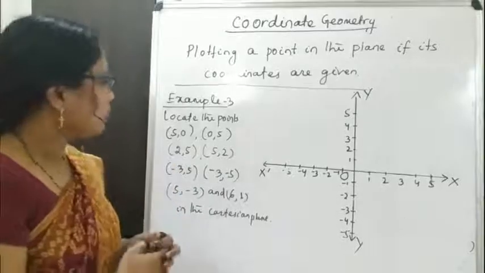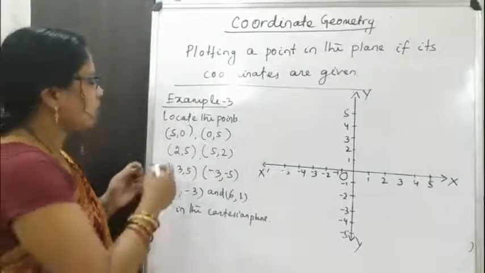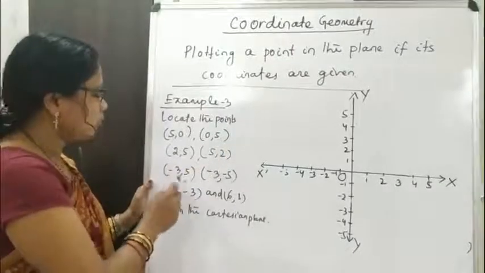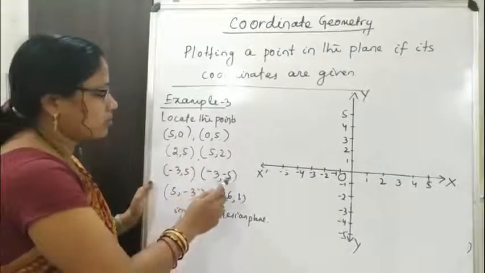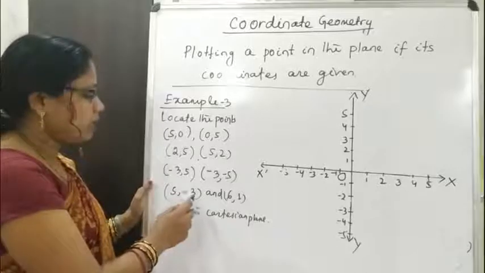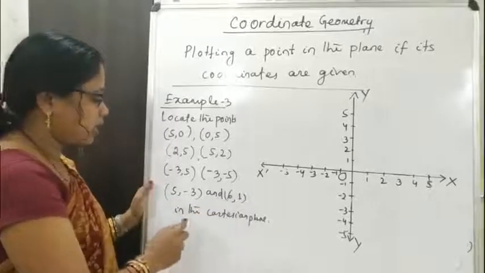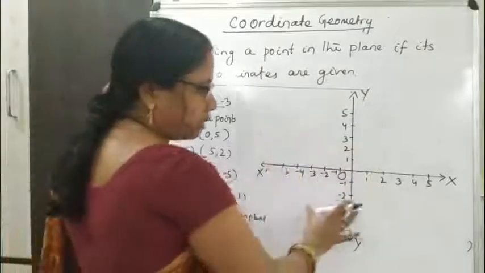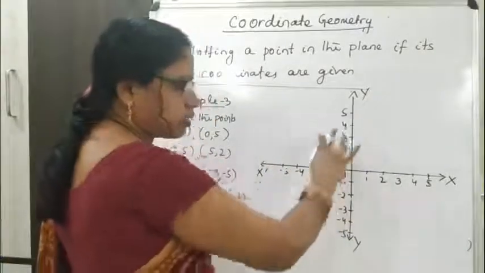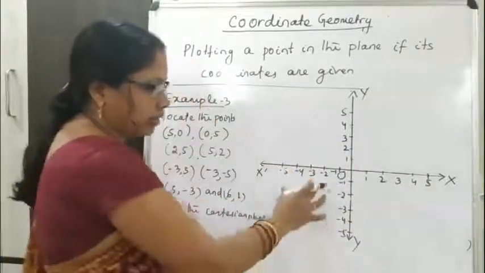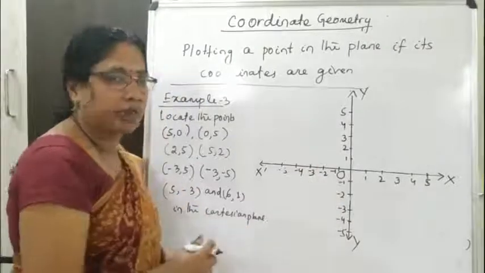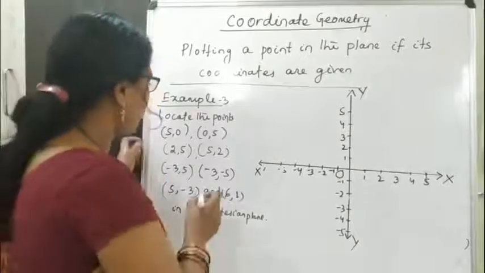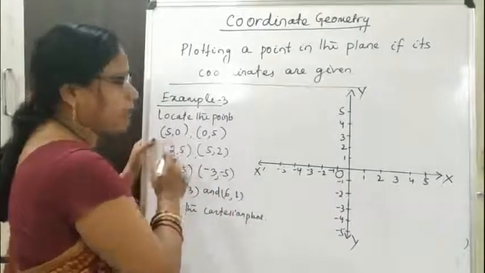Example 3: locate the points (5, 0), (0, 5), (2, 5), (5, 2), (-3, 5), (-3, -5), (5, -3) and (6, 1) in the Cartesian plane. So this is our Cartesian plane. Two axes are x-axis and y-axis, and the scale is 1 centimeter equal to 1 unit in both the axes. So here first I have to plot the point (5, 0).